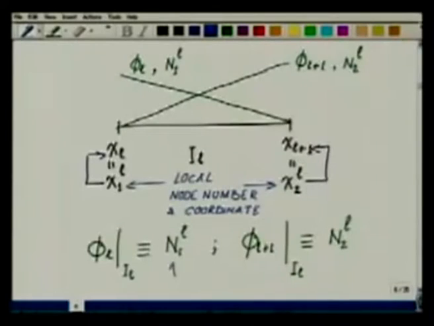So what are these N_1s and N_2s called? These N_1s and N_2s for the element are called the element shape functions.